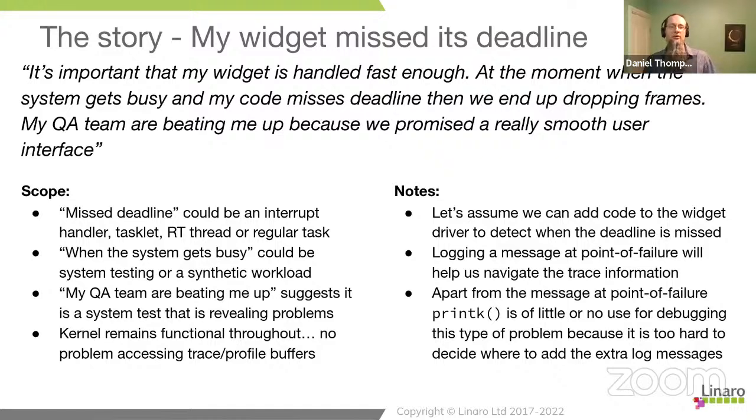We are going to make the assumption that the kernel remains functional throughout. In other words, we don't have to do any clever recovery of trace buffers. So we can trace as much as we like into RAM. We can use caches to store into RAM. We don't have to worry about post-reset memory recovery or anything like that. The kernel is going to survive enough to give us back our logs. And that's because it missed its deadline.